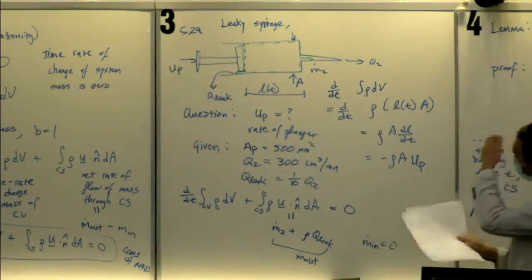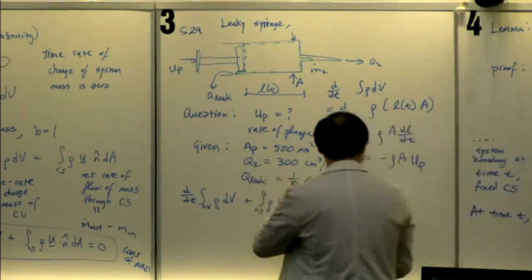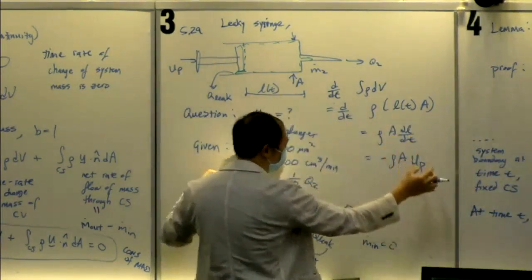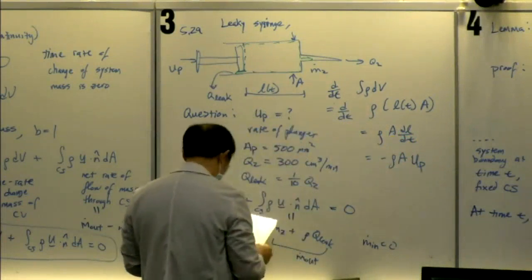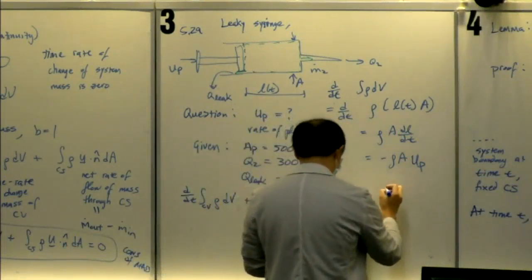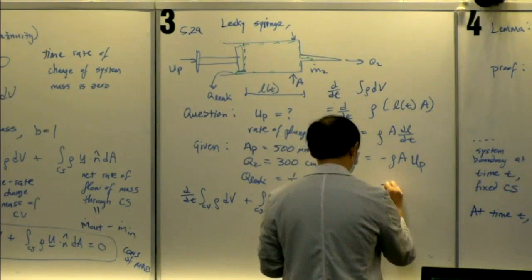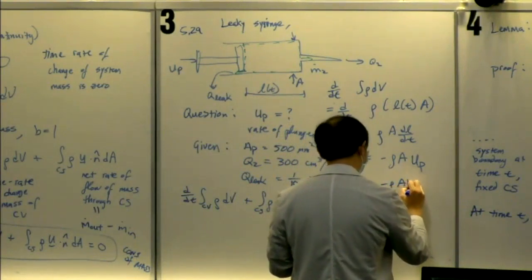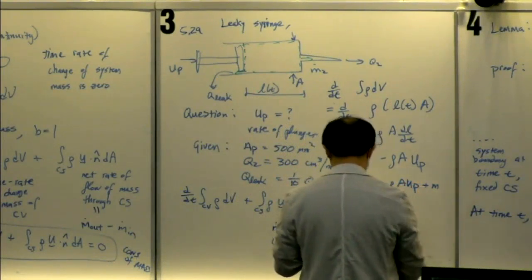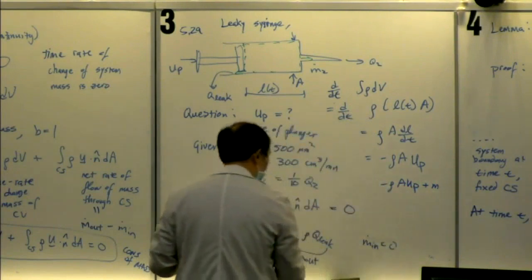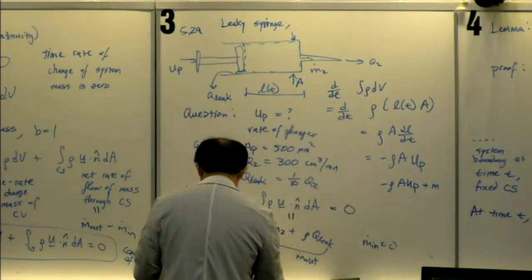Because we assume the velocity of the plunger is the magnitude, going to the right, and L is decreasing, so dL/dt is necessarily negative. And altogether, this gives us negative rho A U_P plus, so m dot 2, I'm going to call that Q2 times rho.